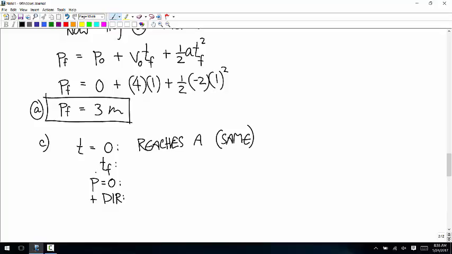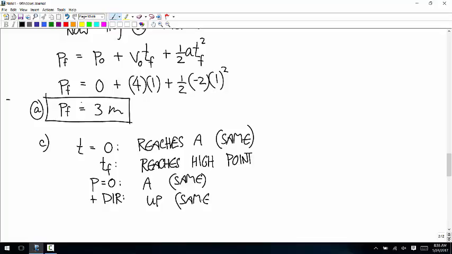So if we're trying to find something when the ball reaches its highest point, we're going to have to make that our time final. Position equals 0, call that A again. Positive direction, call that up the ramp again. So the only thing we had to change was what we're calling our time final.